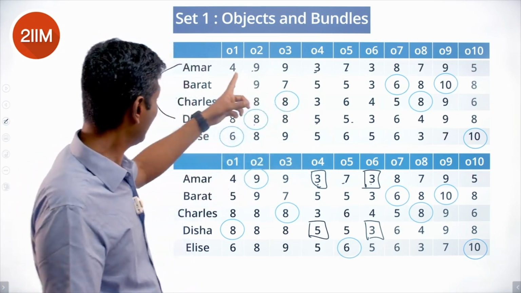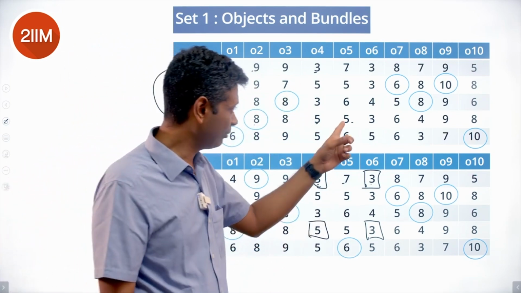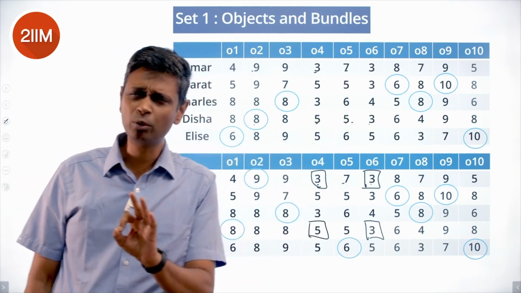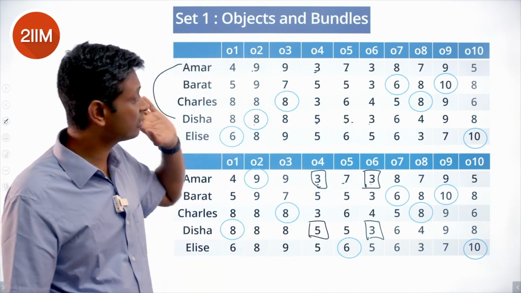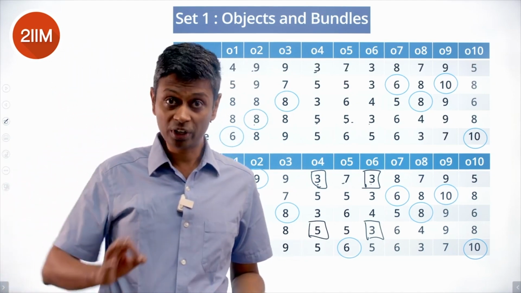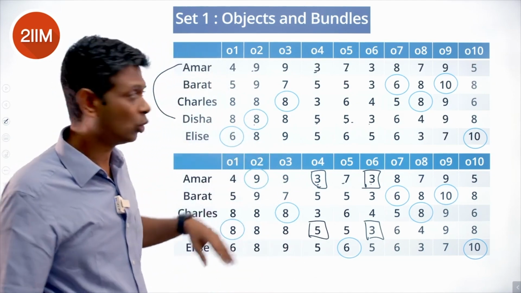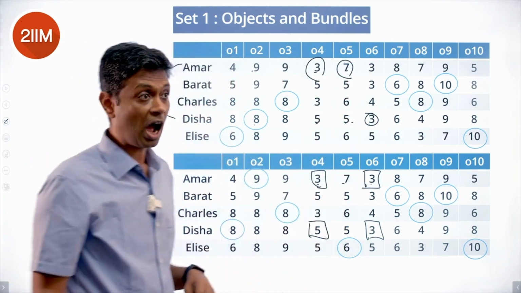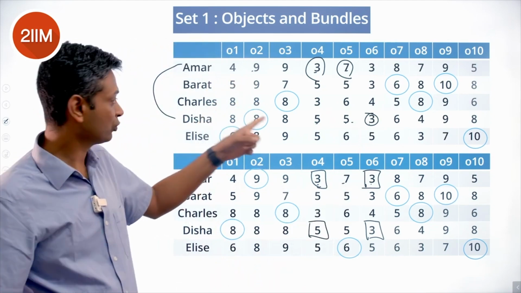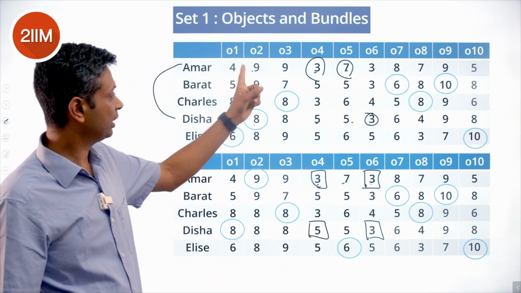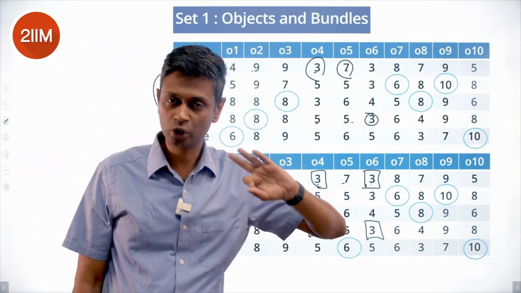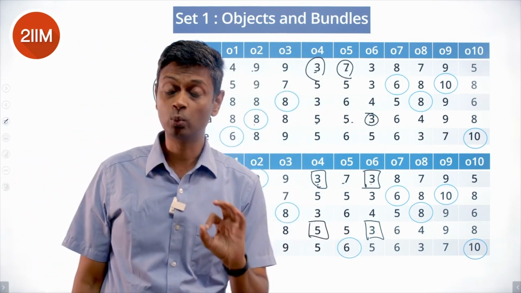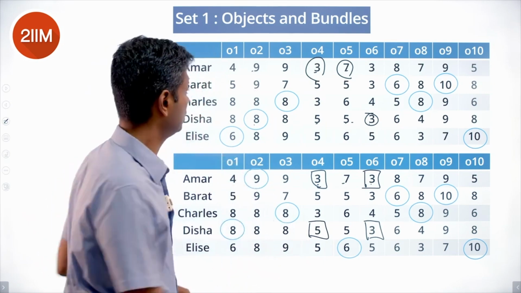So he will value Disha's bundle at 9 plus 5, 9 plus 5 or 9 plus 3. Minimum 12. The maximum Amar's can add up to is 10. So if this combination were present, no matter which 2 we choose, Amar's perceived value of Disha's bundle will be 9 plus 3, minimum 12, whereas his own can be maximum 3 plus 7, 10. So Amar will envy Disha, which is not possible. So this is out.